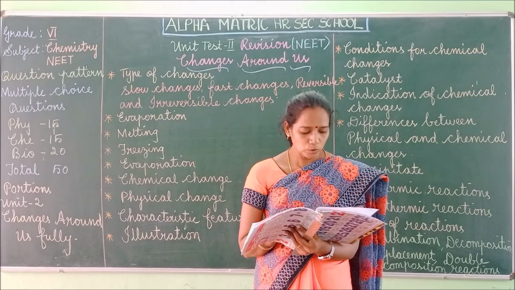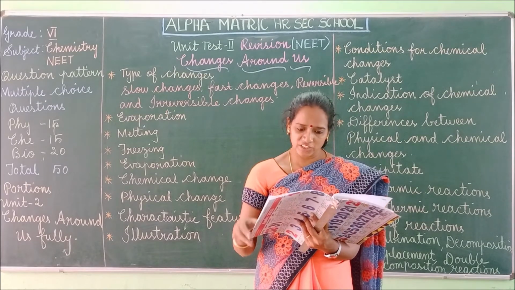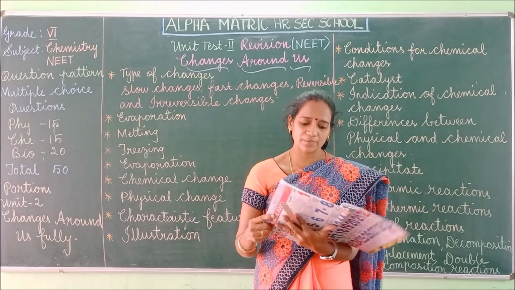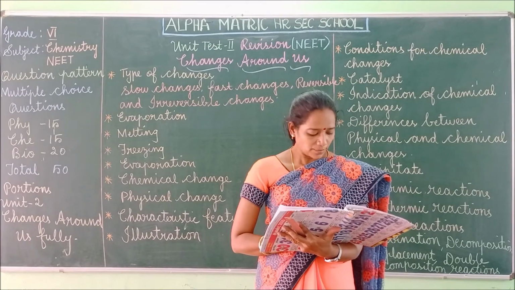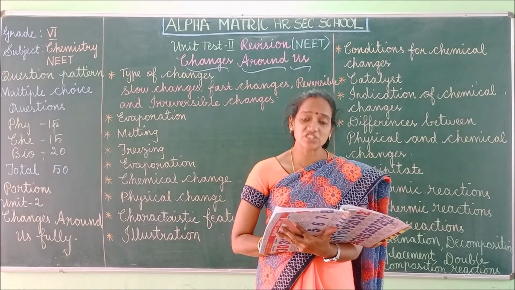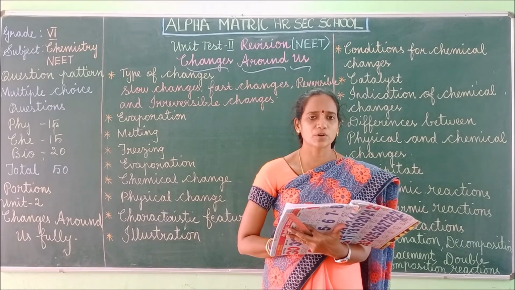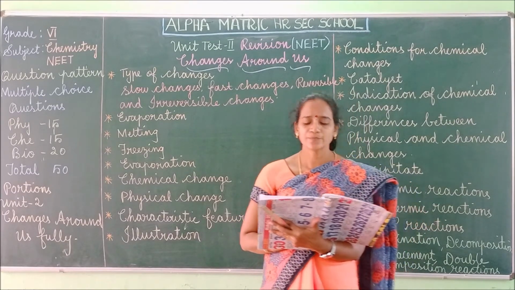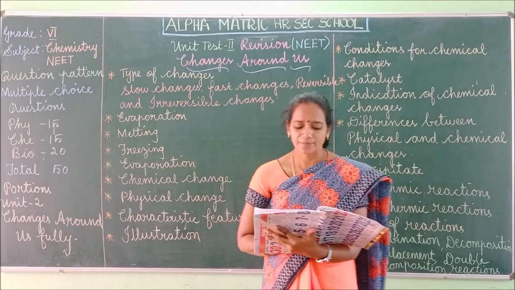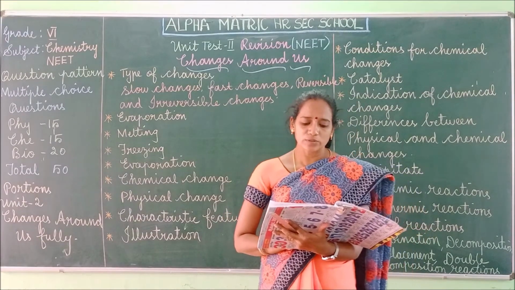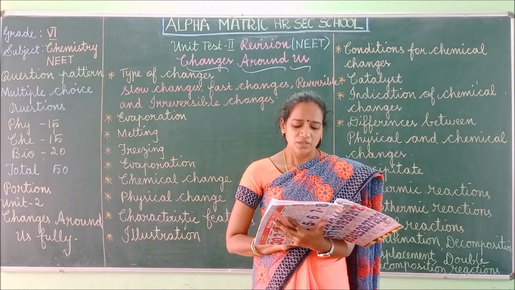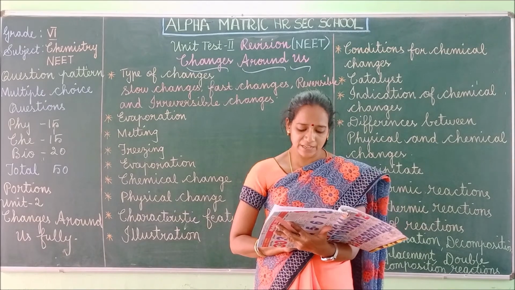Now come to the next page number 19. Page number 19, characteristic features of chemical changes are given in 6 points. All the 6 points you should learn, children, right? Now, next come to the illustration part. Burning of sulfur is given, isn't it?